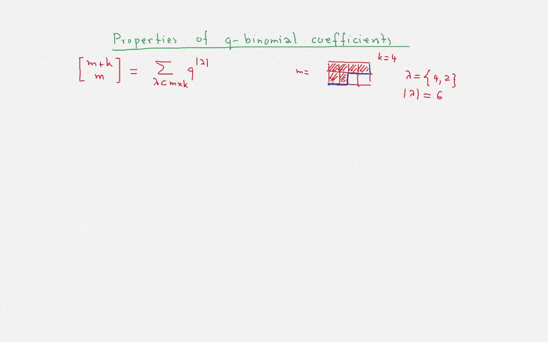And the choice of when we do our horizontal steps tells us pretty much that there are m plus k choose m such diagrams.